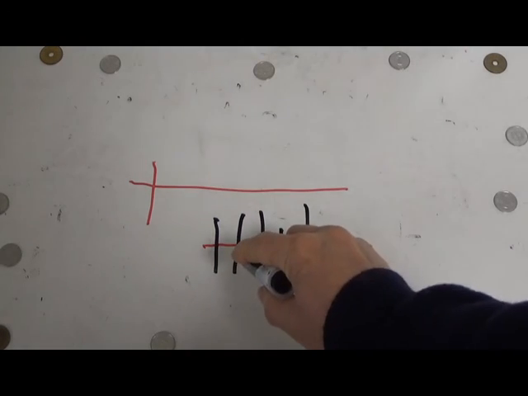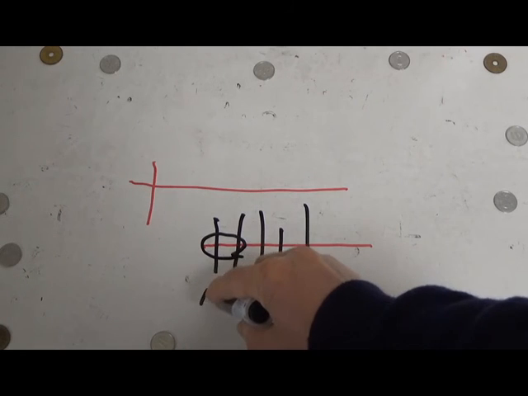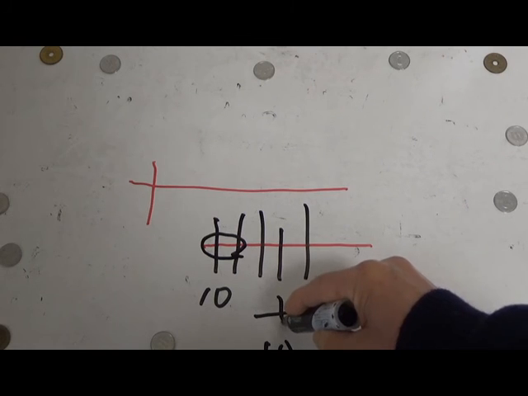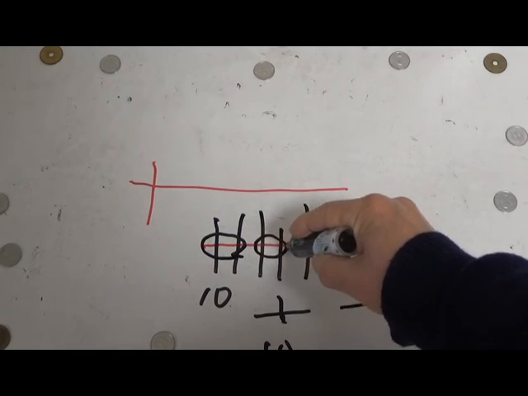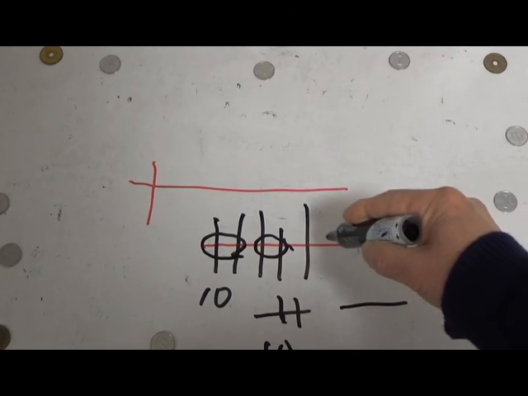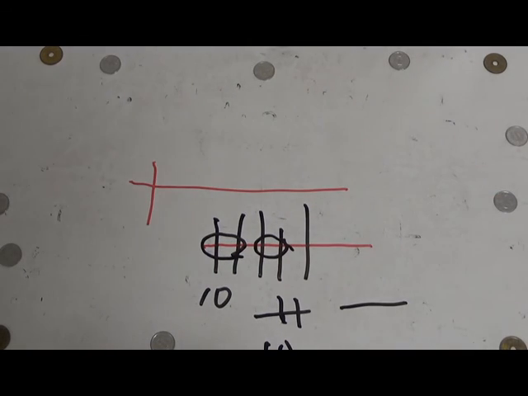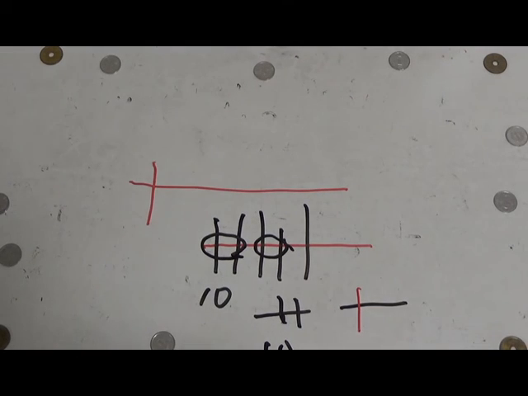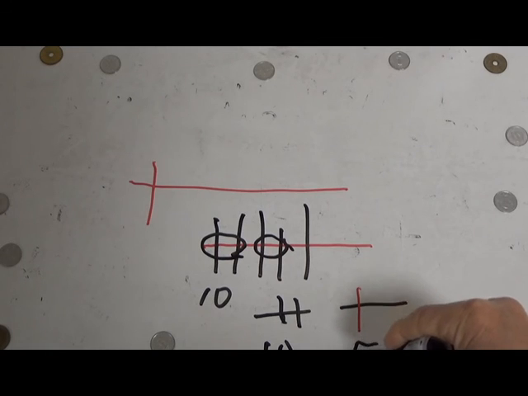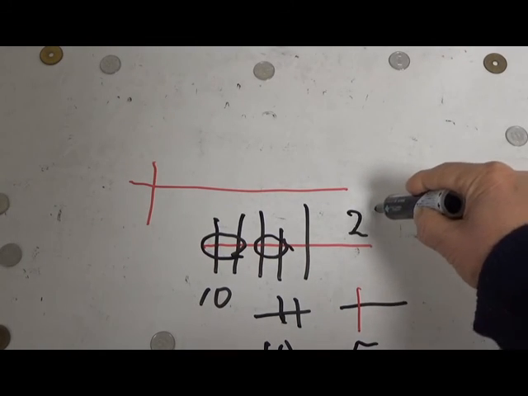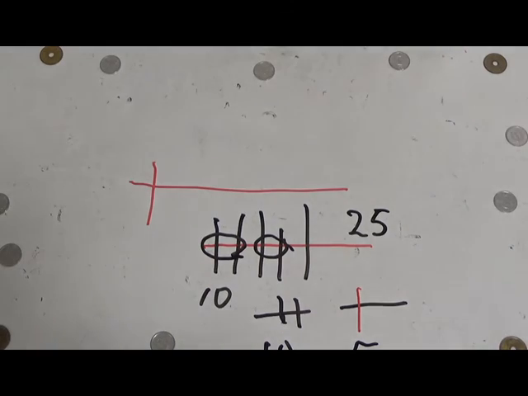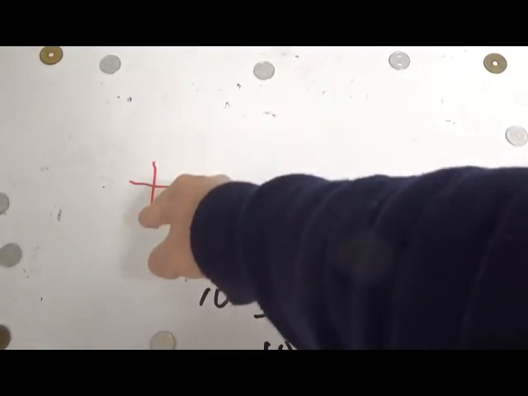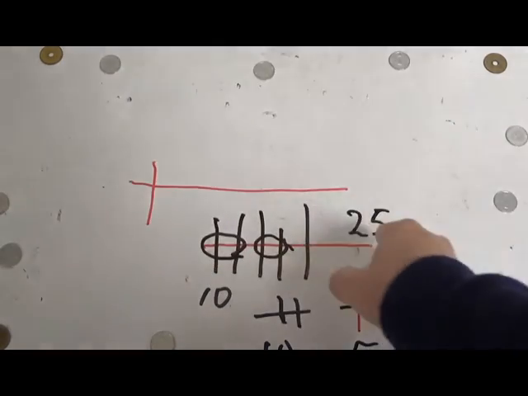So it is 10, 10, and 10, and 5. So this is 25. Yes, better remember that 5 multiplied by 5 is 25.